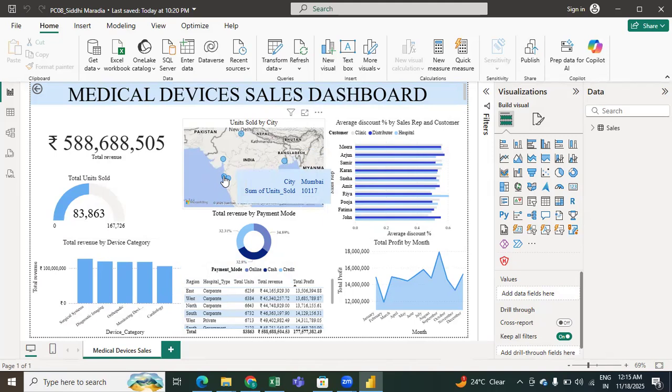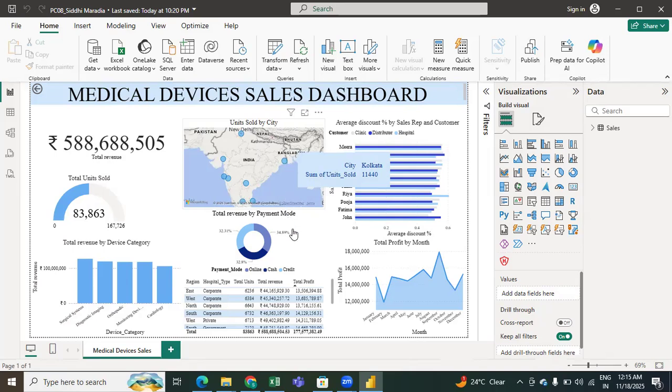The size of the bubble indicates the sales volume. The highest sales we can see in Bangalore, at 11,140. Cities like Calcutta, Mumbai, Hyderabad, Bangalore, and Ahmedabad show strong sales, roughly equally distributed. This helps identify high-demand clusters, which can guide decisions on inventory planning, sales force deployment, and marketing investment.